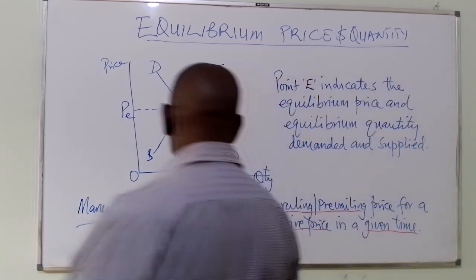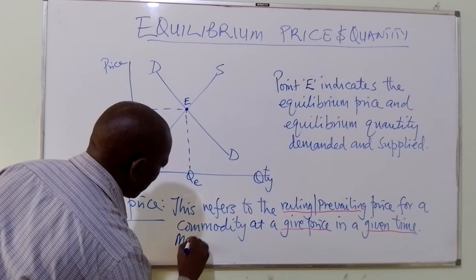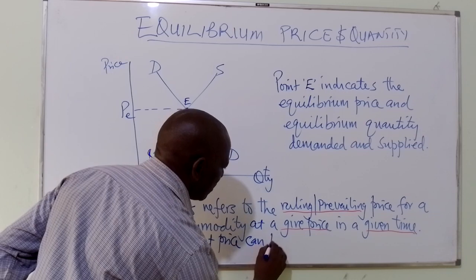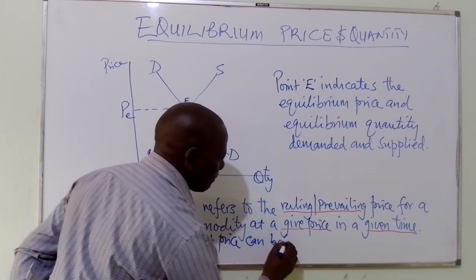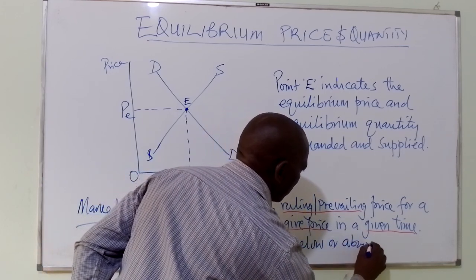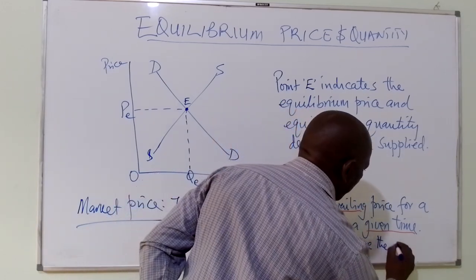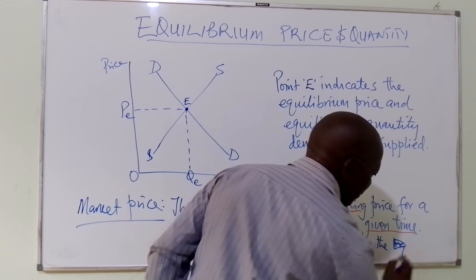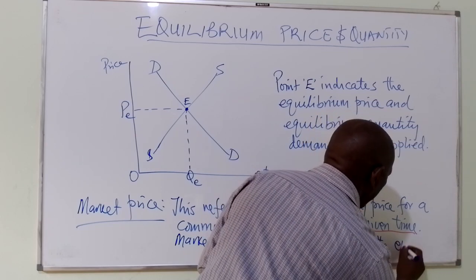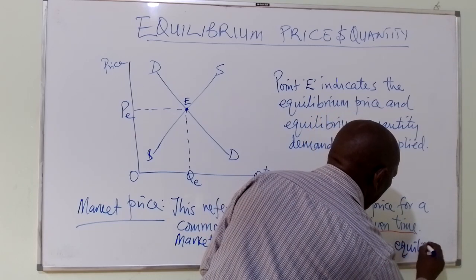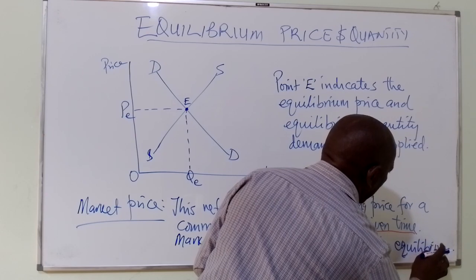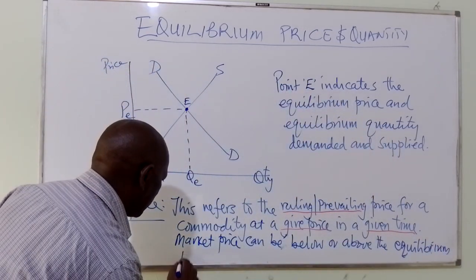So we can say market price can be below or above the equilibrium. Can be below or above the equilibrium price.